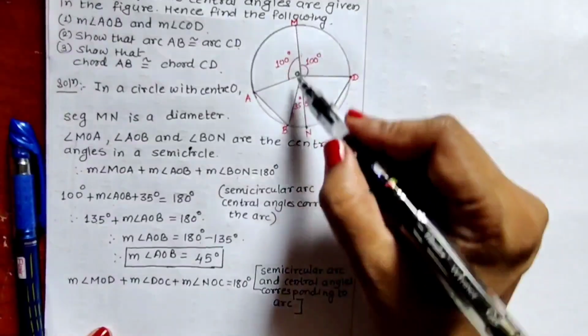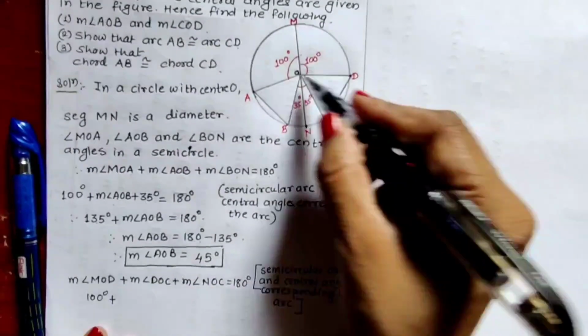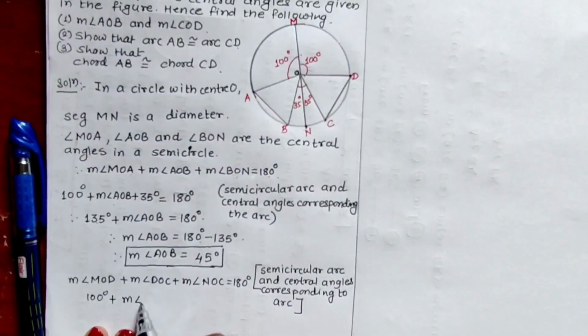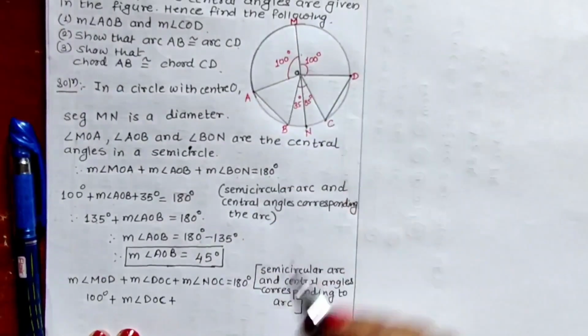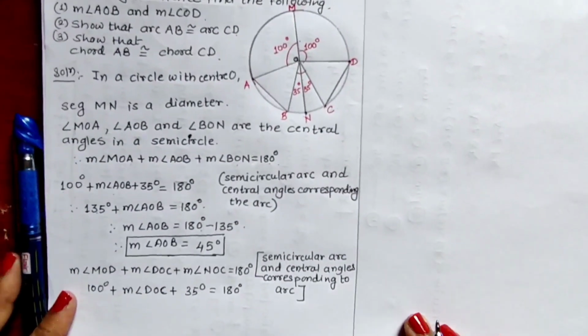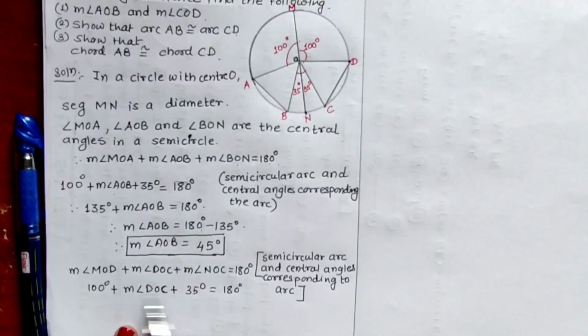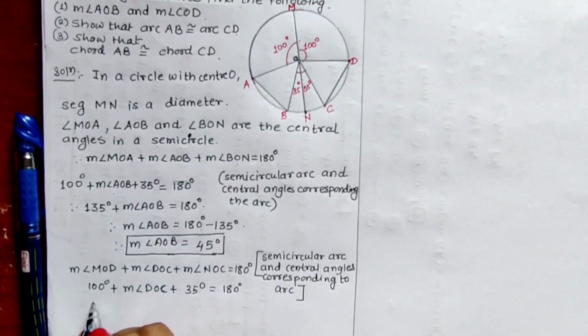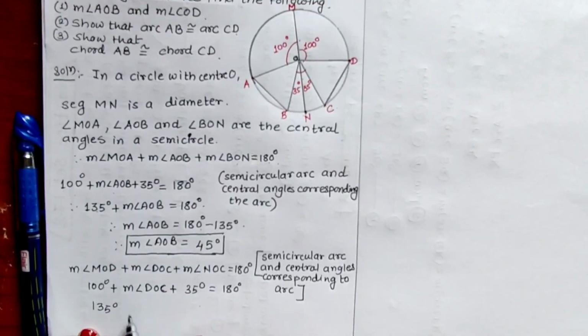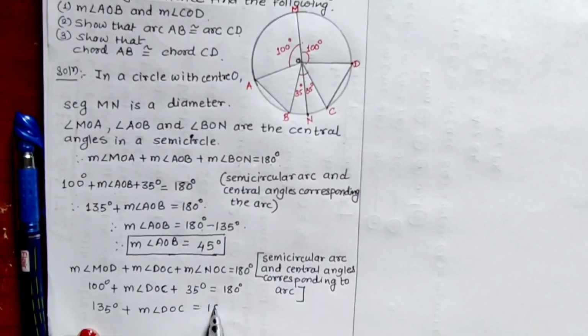Now we can put the values here. MOD is 100, so we write 100 degree. Major angle DOC we have to find out, plus NOC is 35 degree, is equal to 180 degree. Again we will apply the same method. 100 plus 35 is 135, plus major angle DOC is equal to 180 degree.